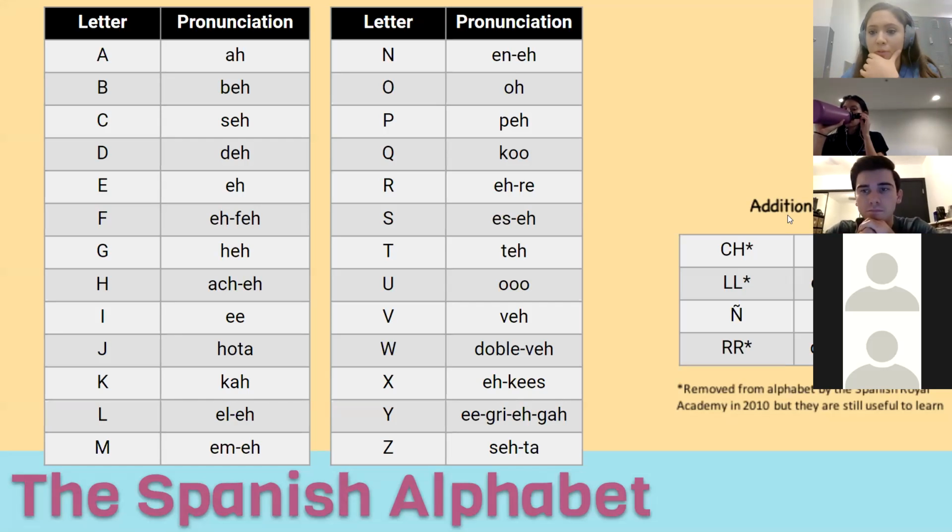There are a couple of exceptions. For example, the sh sound is the same as English. For double L, it's going to be like the Y sound. For the N that has the apostrophe, it's going to sound like nye. Try it out. Ni. Perfect, nye.